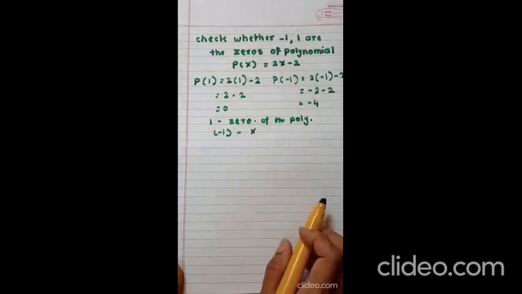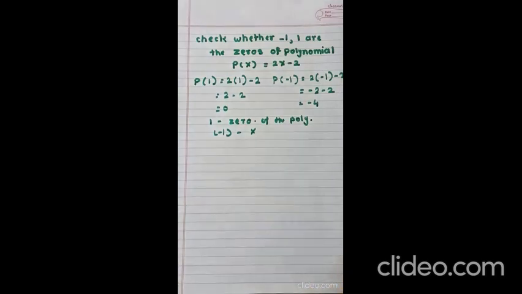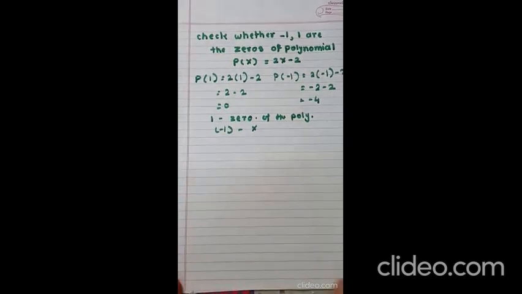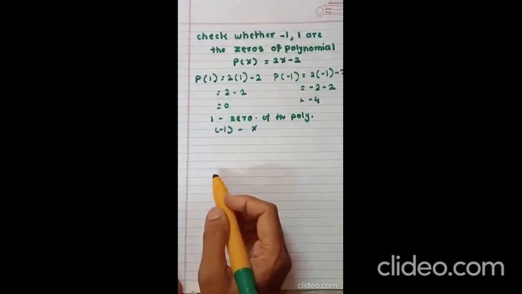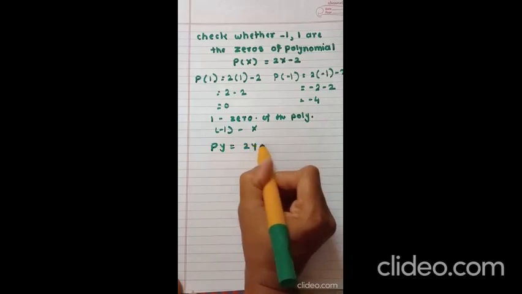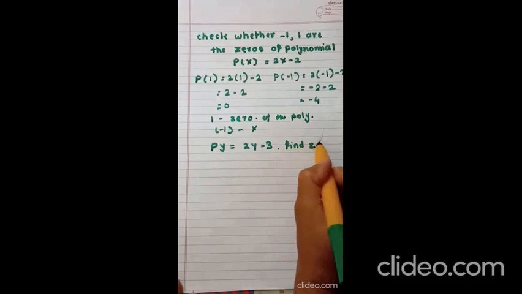So a polynomial may have many zeros, but to find the 0 of the polynomial, let us see how. Consider the polynomial py is equal to 2y minus 3 and find the 0 of the polynomial.